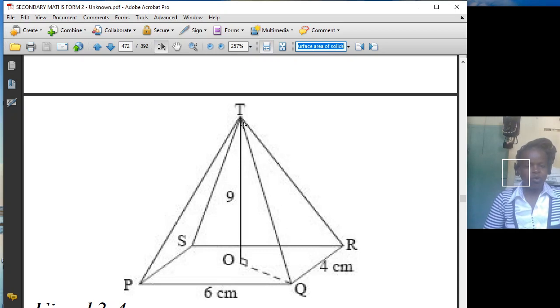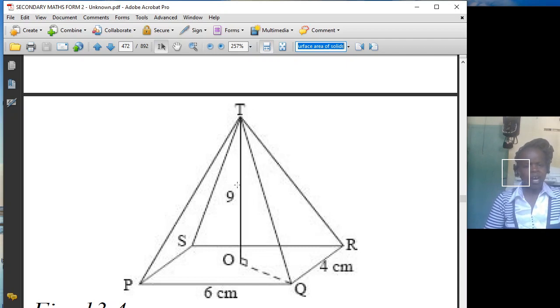And in order to get the slant height for this triangular face and for this other face with a base of 6, you will have to calculate the slant edges. The slanting edges are TQ, TR, TS, and TP. How will you do that?